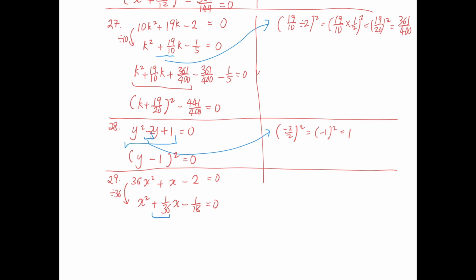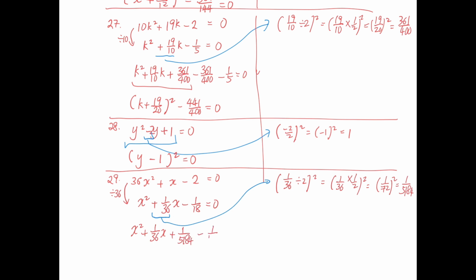So we take the second coefficient, which is 1 over 36, you divide by 2, and 1 over 36 times half is 1 over 72. And we check with calculator, 1 over 5184. So we have to add 1 over 5184 and minus 1 over 5184 in between, followed by the last term minus 1 over 18.